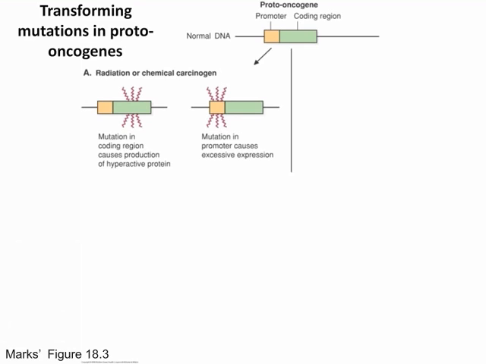So here we have a proto-oncogene, and let's say radiation or some chemical carcinogen affects it. So that is going to cause a mutation in the coding region, which will produce a hyperactive protein. So that means there's going to be an increase in the rate of production of the proto-oncogene, and with increasing rate of production, there's more room for error. So that's usually what causes a mutation.